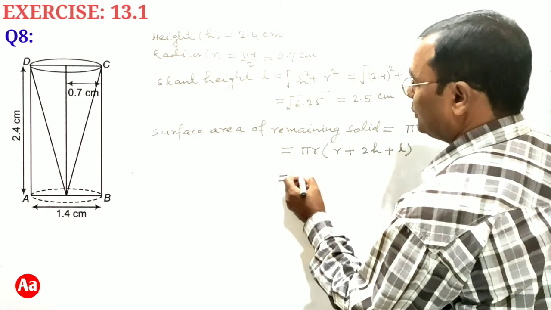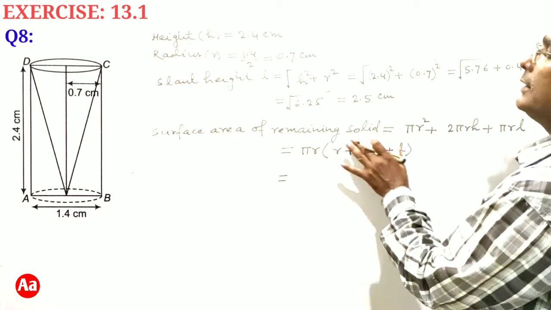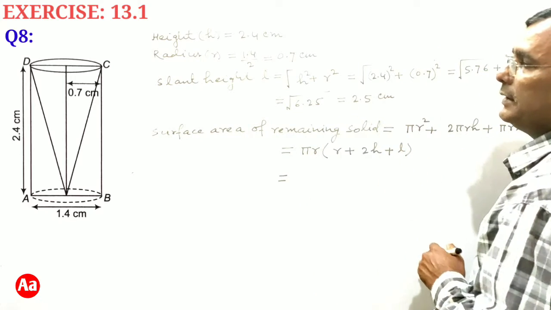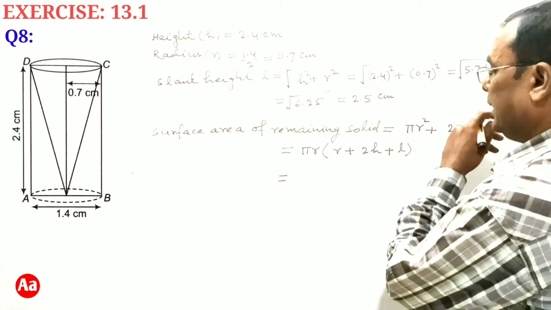Now putting the values of pi, r, h and l in this expression, we can find the surface area of the remaining solid.